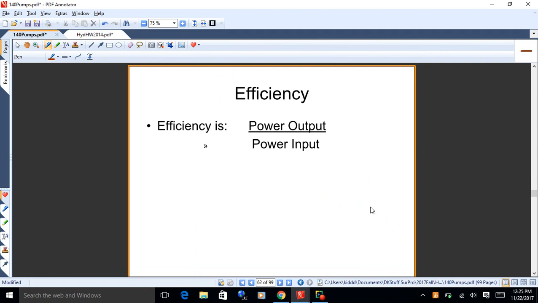Now, efficiency is what you get out versus what you put in. In this case, you use power out divided by power in. Okay, so if you get 9 horsepower out of a motor, but you put 10 in, that would be 90% efficient. Okay.